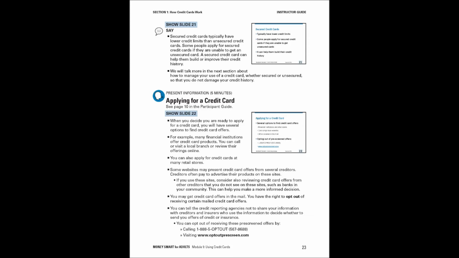Then when it comes down to applying for a credit card, that's the next topic, slide number 22. You're going to give them some discussion points on applying for a credit card, and also make note that people have the option to opt out of receiving certain mailed credit card offers. So you'll be showing them the opt-out information as shown on slide 22 at the bottom, the phone number and the website.